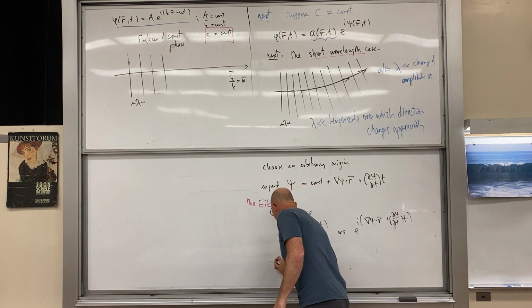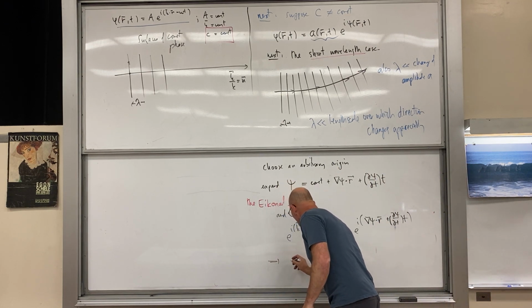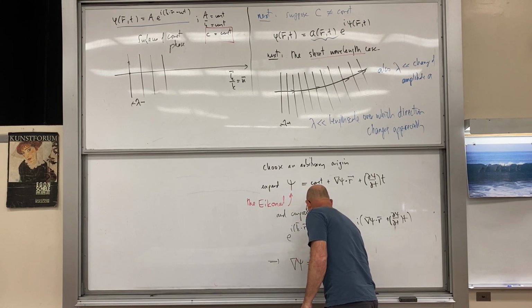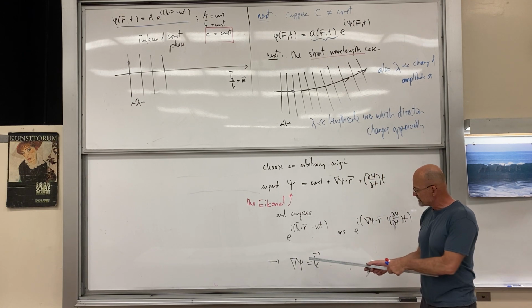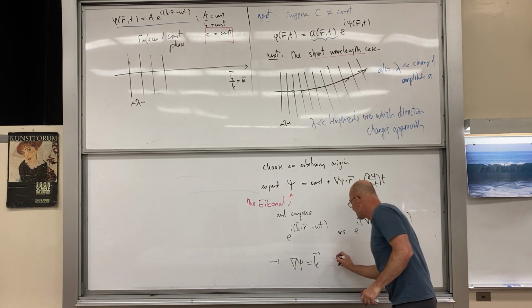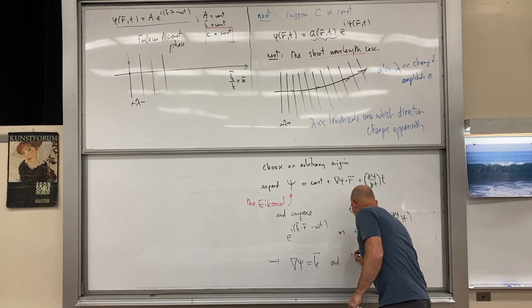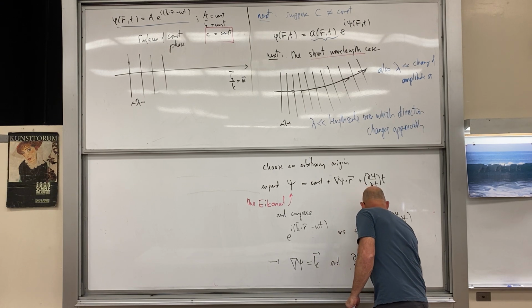So then we have gradient c is k locally, but now this is something that can change in space. And dc/dt is equal to minus omega.